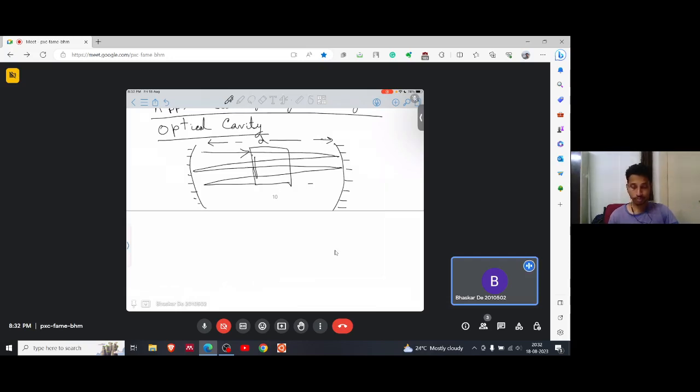Due to these two concave mirrors, the beam repeatedly goes through that gain medium and is amplified. The radius of curvature will be different for these two mirrors. This one has R1 and this one is R2.